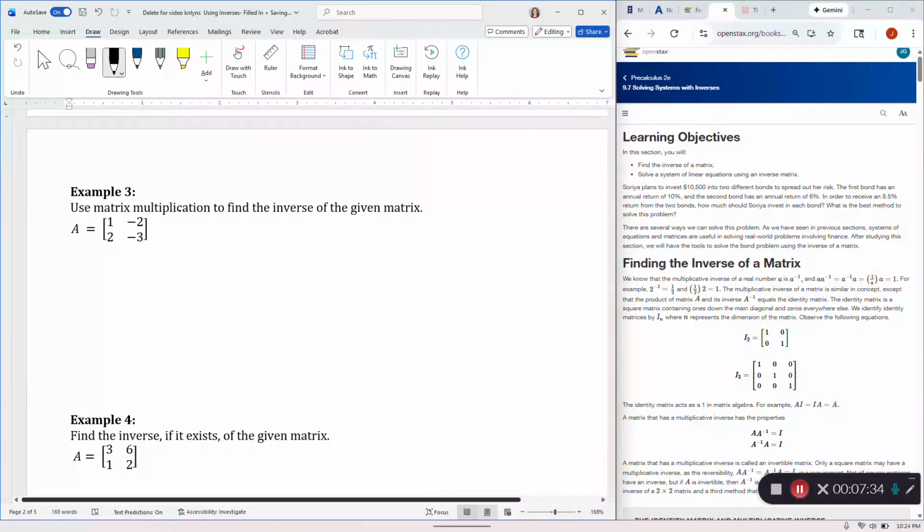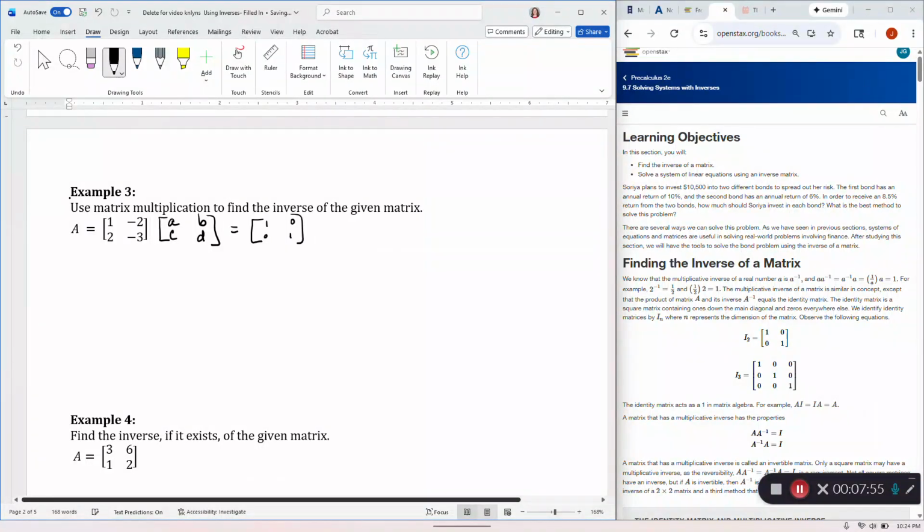Consider this. If this is my matrix, then there should be another matrix such that when I multiply them together, I get the identity matrix, right? If there's an inverse, that will happen.